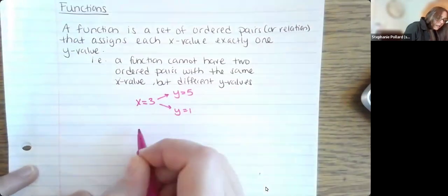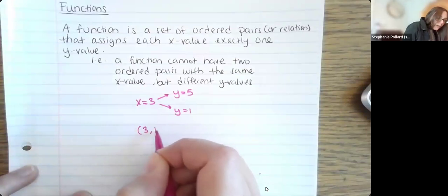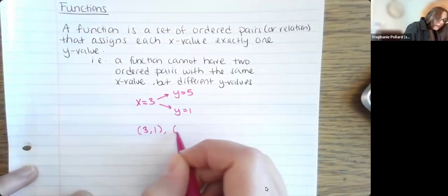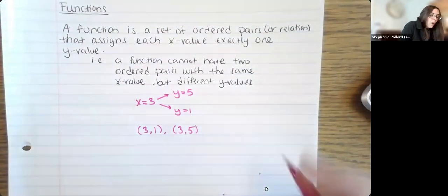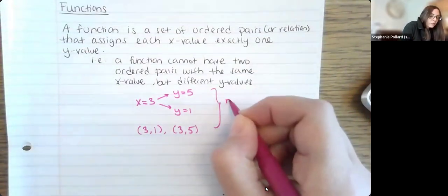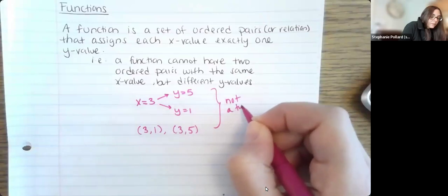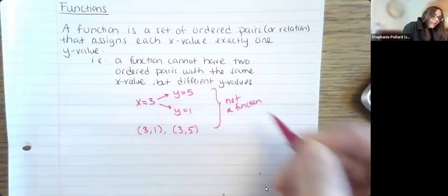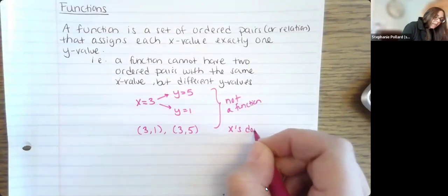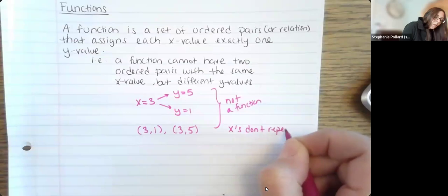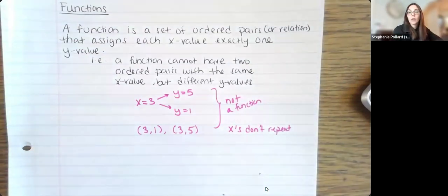So in your graph or your equation or your set of points, you see the points (3, 1) and (3, 5). Well, this is not a function. Basically, the x values don't repeat.